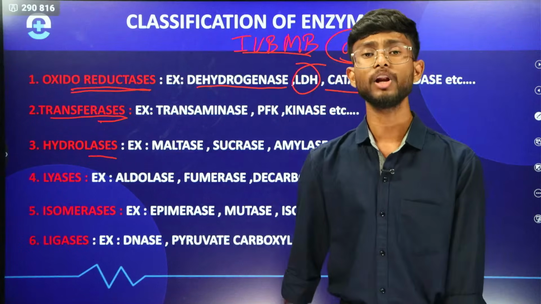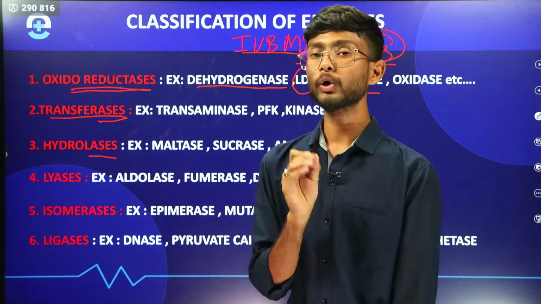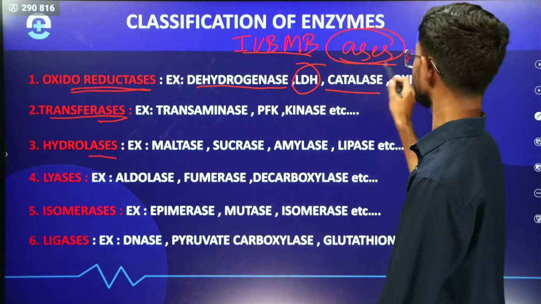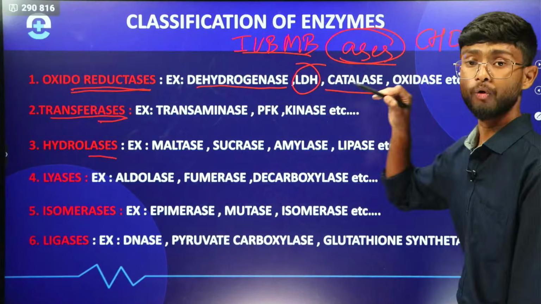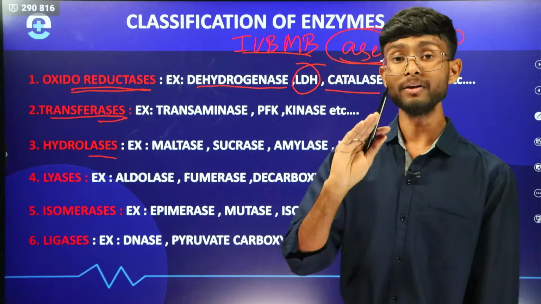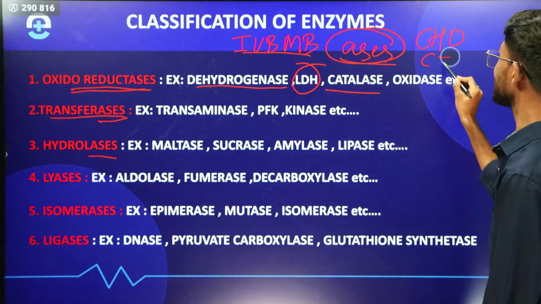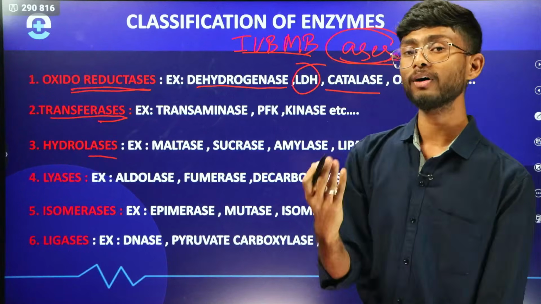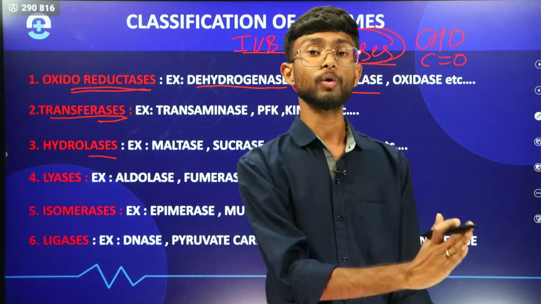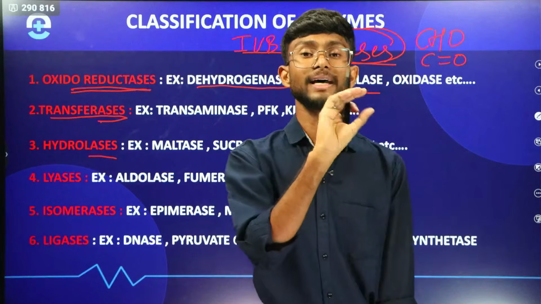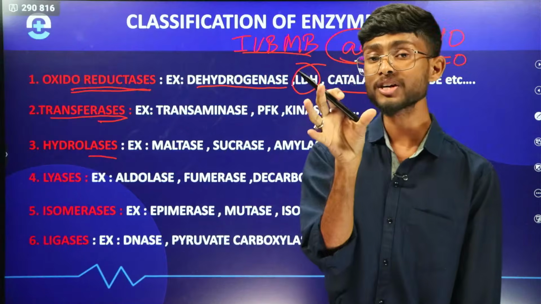For example, in glucose you have the CHO group, the aldehyde group, which is converted into a keto group, that is C=O, when glucose converts into fructose. There the functional group is changing.